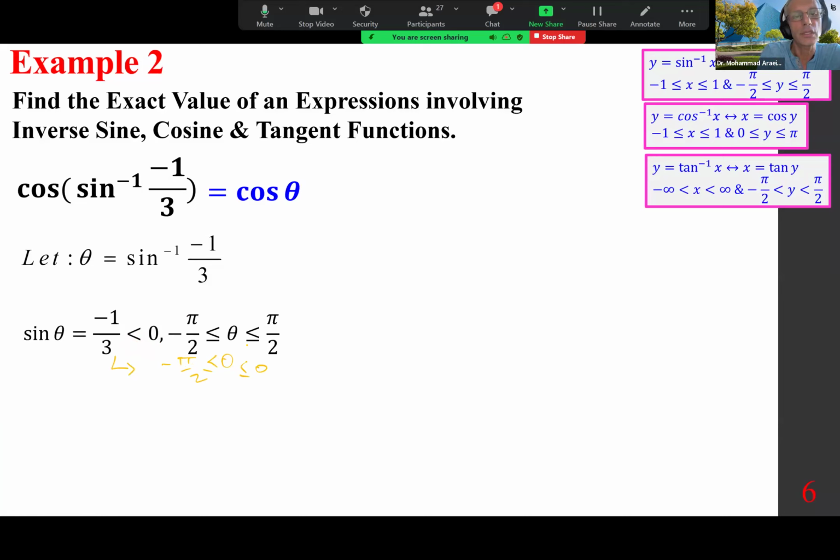That results in the fourth quadrant. And in the fourth quadrant, cosine is positive. Okay? Cosine is positive.